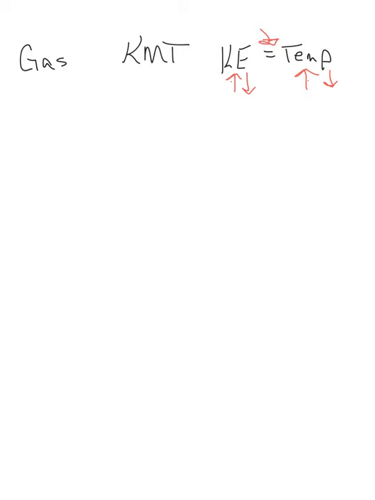And so we call this a direct relationship. When you have a variable where one goes up, the other goes up as well. Opposite of that would be an inverse relationship or an indirect relationship, where if one variable goes down, the other one goes up, or if that variable goes up, the other one goes down.